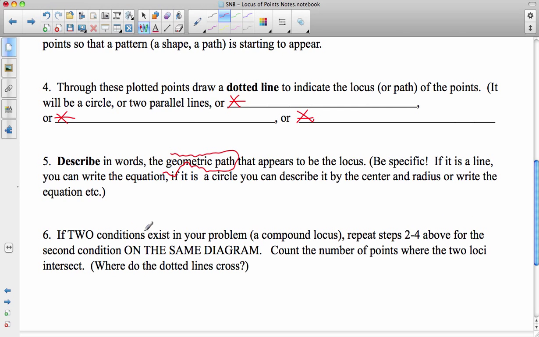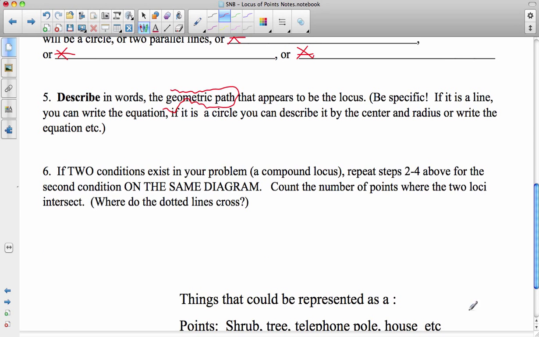It says if 2 conditions exist in the problem, which we call a compound locus, you just keep repeating the steps for each of the conditions on the same graph, and then you're going to be telling me where they intersect. So this right here, number 6, actually is day 2 when we talk about compound loci.